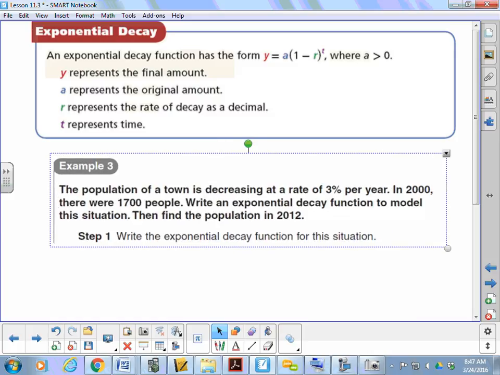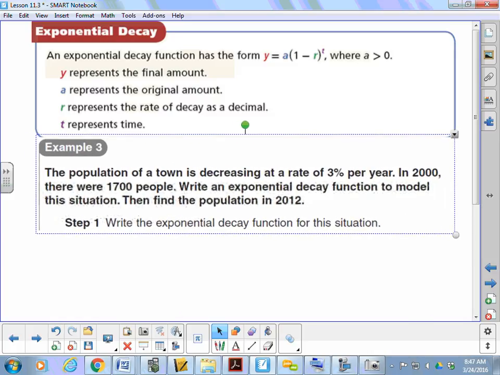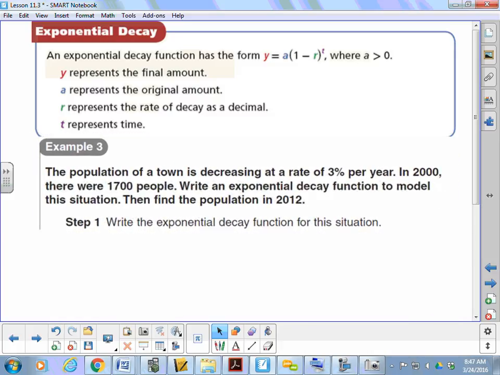So the population of a town is decreasing at a rate of 3% per year. In 2000, there were 1,700 people. Write an exponential decay function to model the situation. Then find the population in 2012.